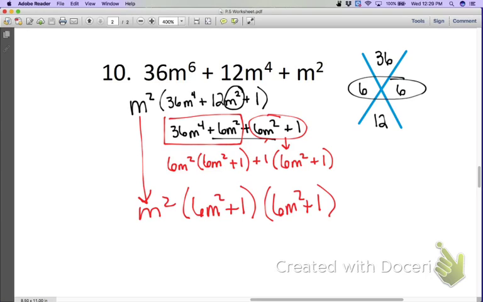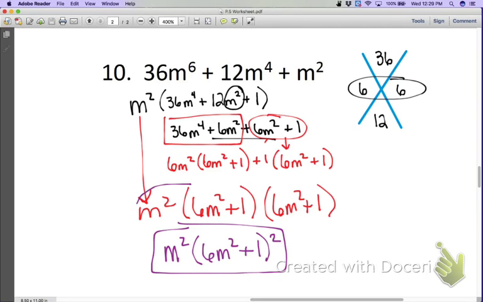Now we could also rewrite this as m squared times 6m squared plus 1 quantity squared. I would take either of those two answers.